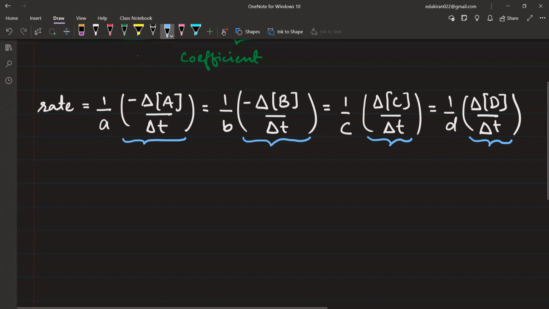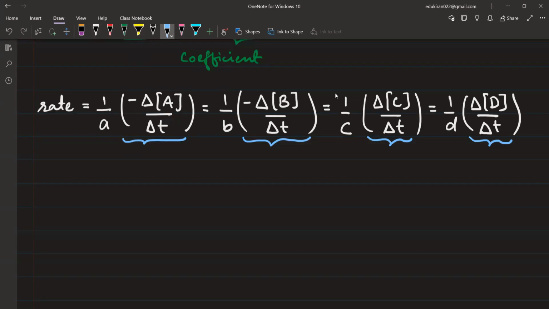Tell me, we have reactants and products, right, Saad? Yes, sir. Now, reactants, जैसे जैसे reaction होता जाएगा, the reactant will increase or decrease? Decrease. यानी कि वो disappear होता जाएगा, है ना?